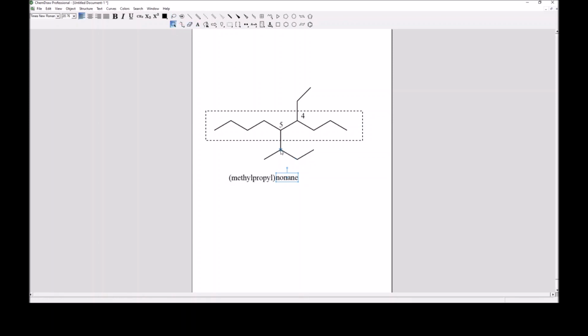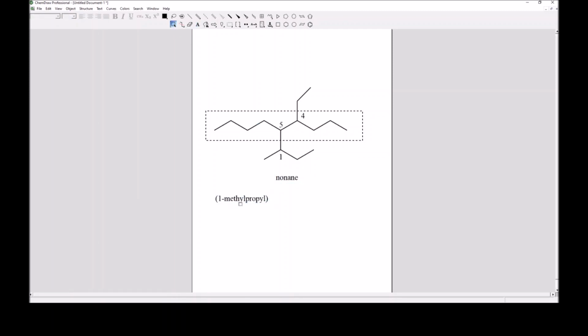The numbering of the parent substituent starts here. This is the number 1 position. So we have kind of this secondary numbering system. And so this is the number 1 position of the propyl group. So we can say that the methyl group is actually coming off of the number 1 position of the propyl group, and that goes inside the parentheses as well.